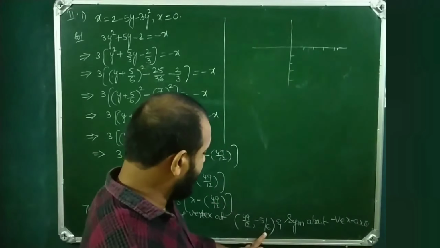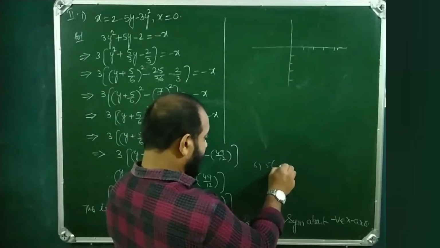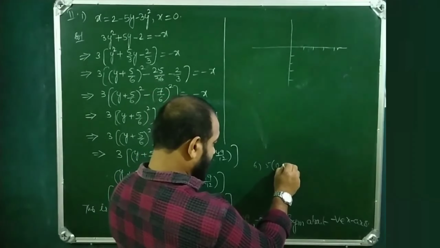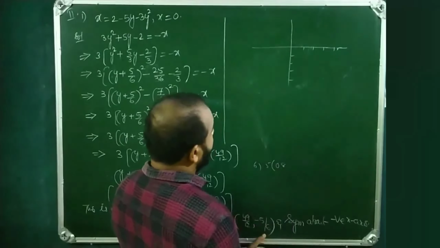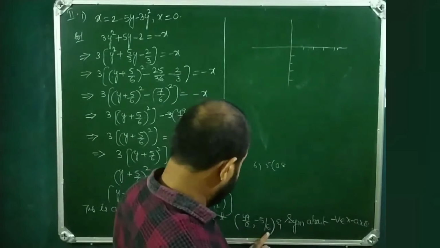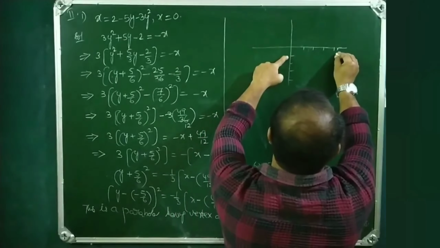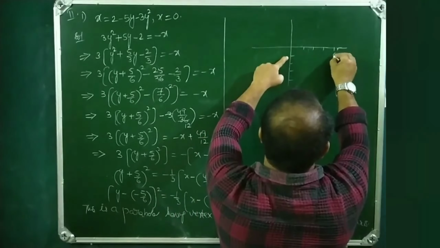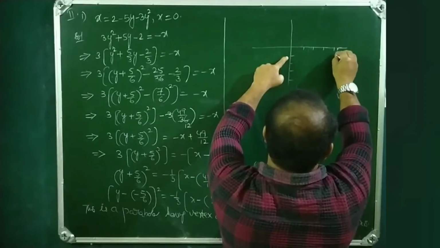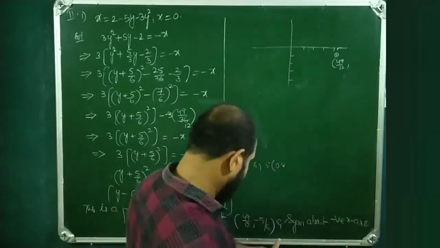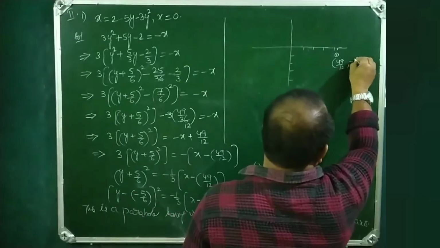And minus 5 by 6 is 0.8. That means 0.8 is below here, somewhere here. So therefore it's having vertex here. So this is 49 by 12, comma, minus 5 by 6.